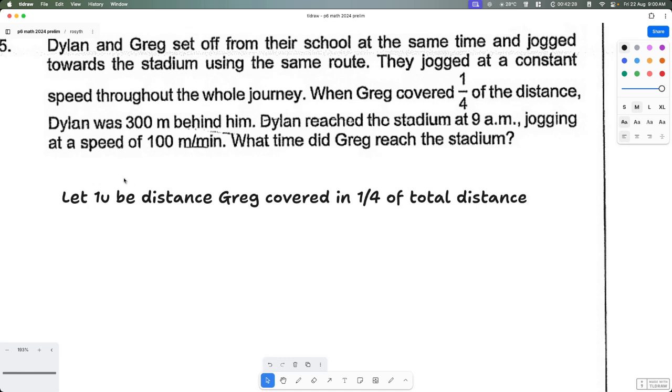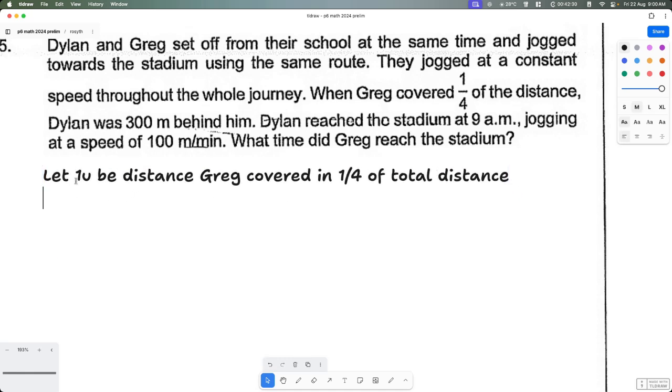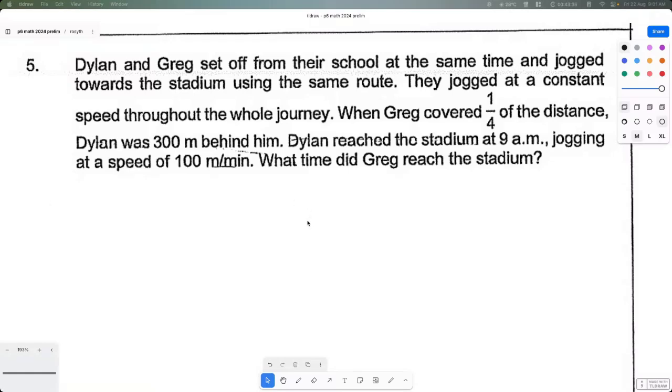Okay, so for this, we know that since Greg covered 1/4 of the distance in one unit, we can say let 1 unit be the time Greg runs 1/4 of the distance.